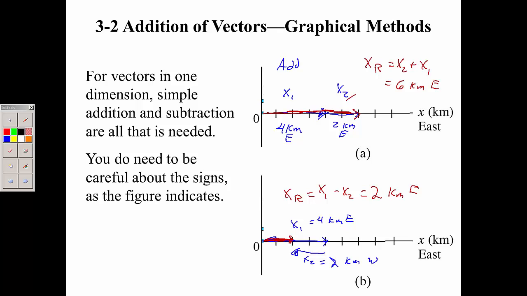So we do need to be careful about the signs of the vectors. Are they going to the east? Are they going to the west? Are they going up? Are they going down? We definitely need to pay attention to that.